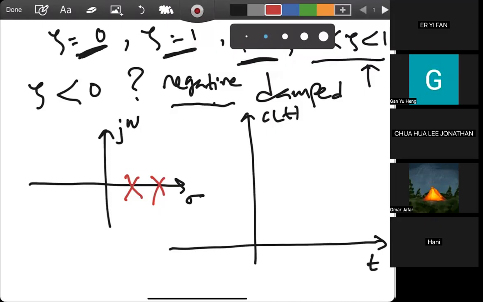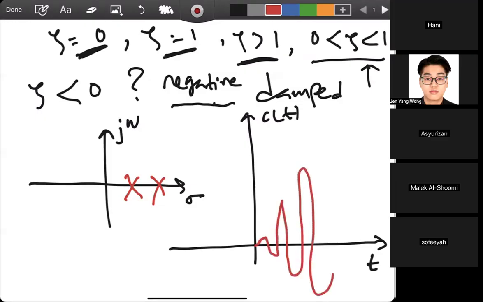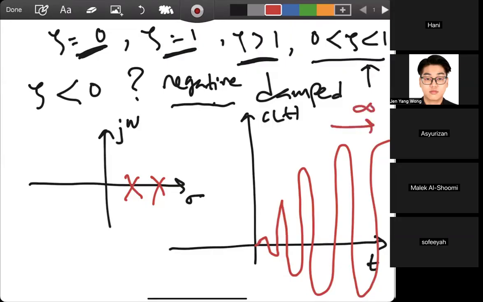Student: Increase to infinity. Sophia, what is the response for negative damping? Student: Amplitude increase.